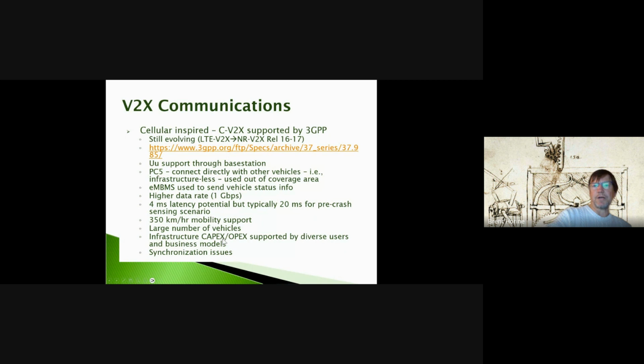The infrastructure, well, if you're using this Uu mode, you're going through a base station. That's infrastructure, right? It's a big tower, much more expensive than a Wi-Fi router, right? But all that infrastructure now is supported by a diverse set of users and business models, right?